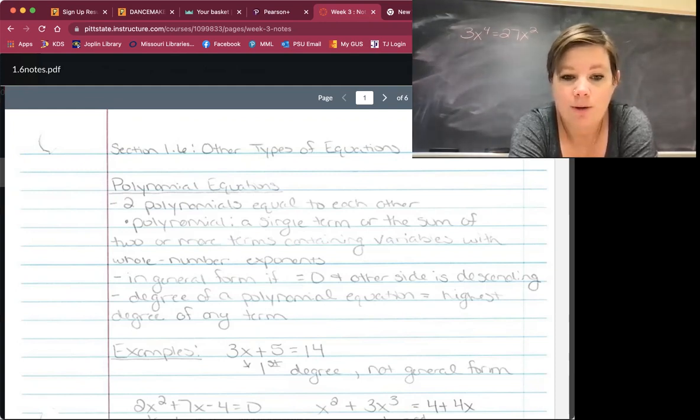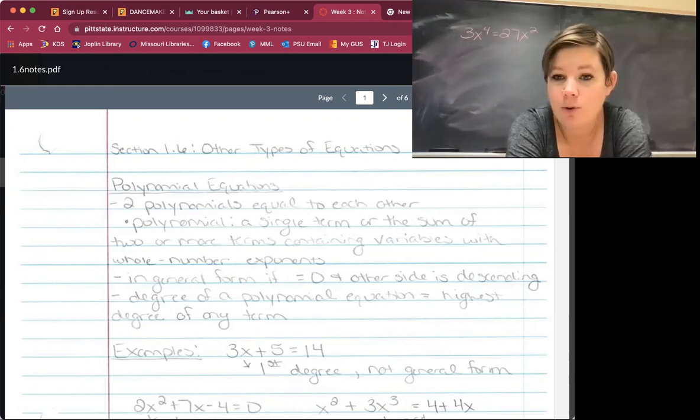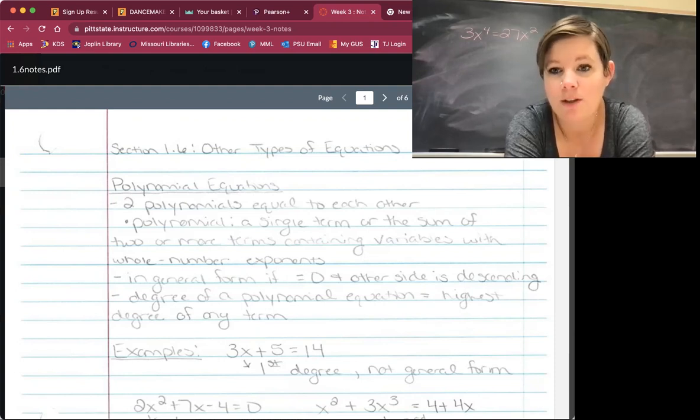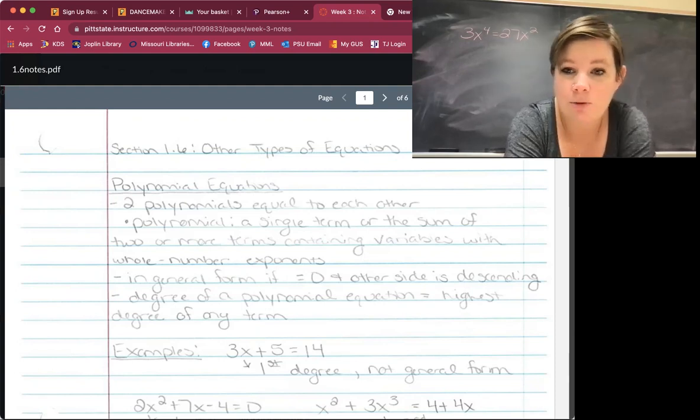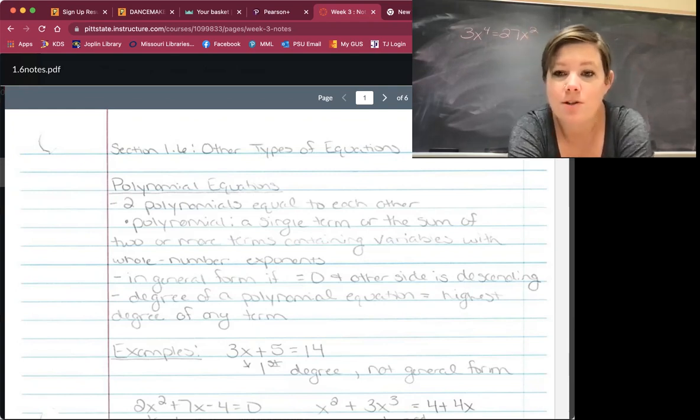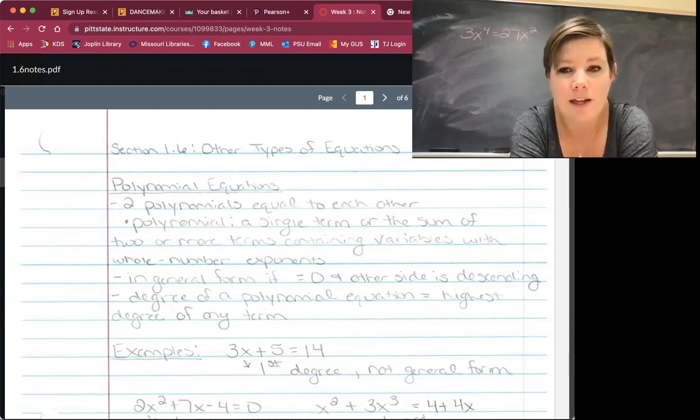In general form, our polynomial equations have to be equal to 0, and then the left-hand side is in descending order. That means we have like ax squared plus bx plus c equals 0. Our quadratic equations are written in that form, and that helps us to factor them and to solve for the variable. And that's why it's important to get them in general form.